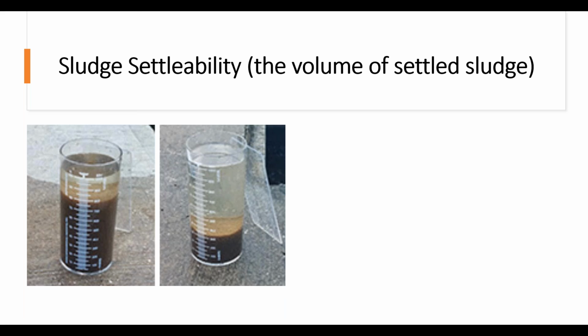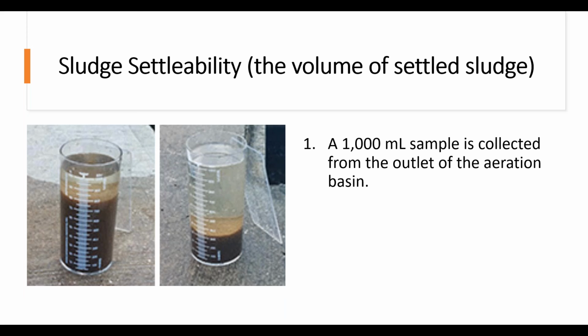So let's look real briefly at sludge settleability, because we're going to look at sludge volume index as a way to operate a plant. So settleability, or the volume of wet settled sludge, is a process of taking a 1,000 milliliter sample, allowing it to settle for 30 minutes.